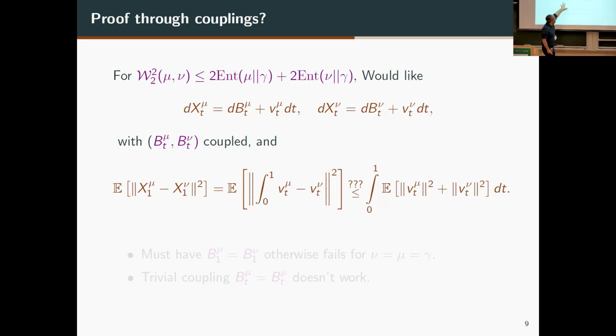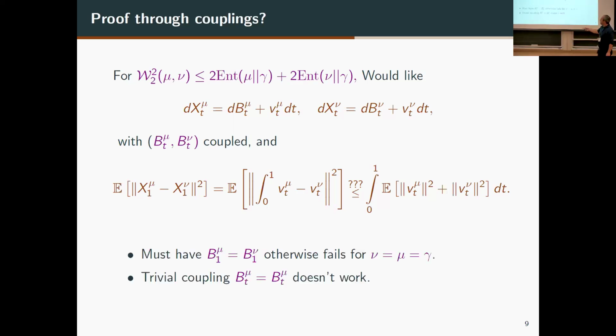Okay, so we get something like that, and then the question is, does that thing split as the sum of the two drifts, which will exactly give me the entropies, right? And this is not immediate because I still have the cross term. There should maybe be some correlation between the drifts at time t, depending on how I couple the Brownian motions, right? So I wrote here that we must have that the endpoints are the same.